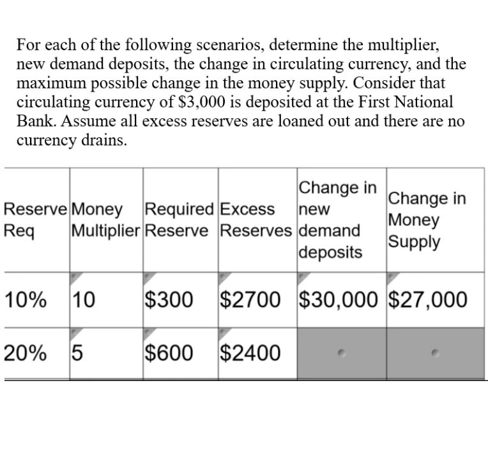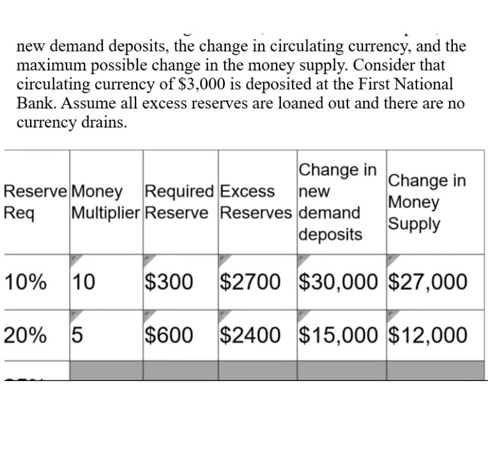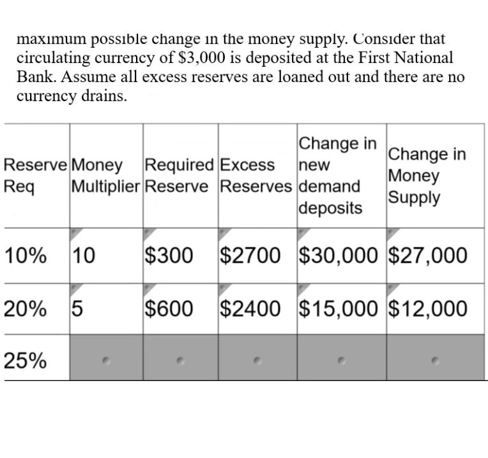For our change in new demand deposits, 5, the multiplier, times 3,000, the original deposit, equals $15,000. And for the change in money supply, 5, the multiplier, times the excess reserves of 2,400 equals $12,000. Again, go ahead and do the third row on your own, and then we'll check.